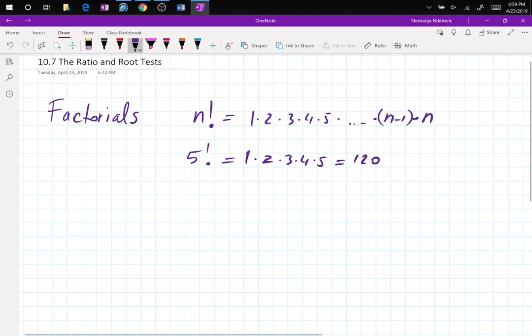A very important skill that you are going to need to do these problems is to peel off extra factorials that you don't need.